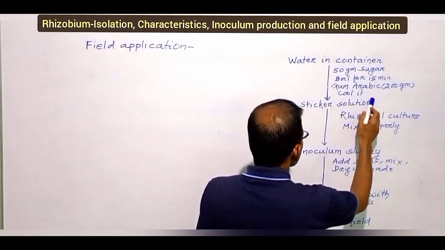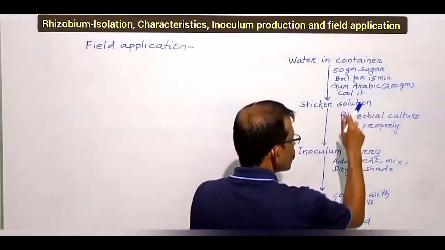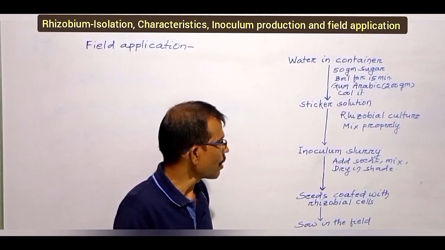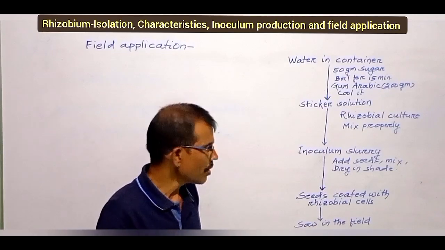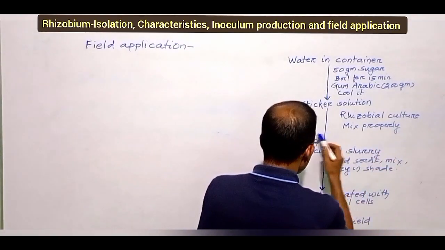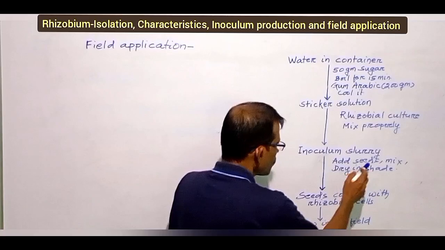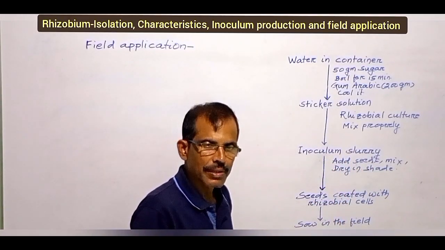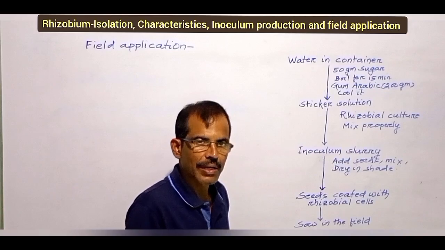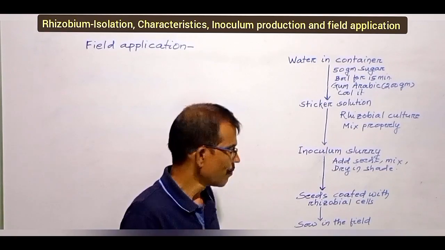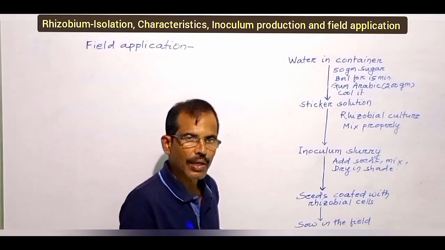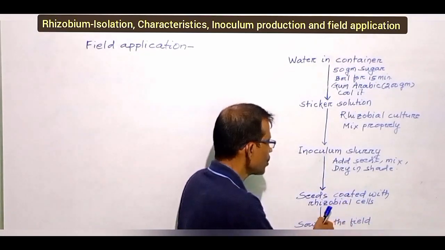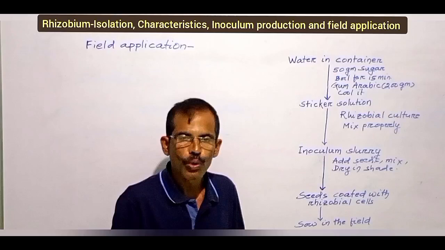Now we get the sticker solution to which rhizobial culture is added and then mixed properly. As a result, we get the inoculum slurry. To the inoculum slurry, seeds are added, mixed, dried under shade and kept covered. By adding seeds to the inoculum slurry, we get seeds that are coated with rhizobial cells which can be sown in the field.